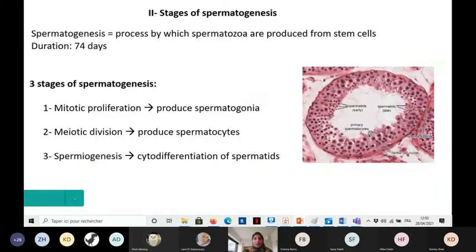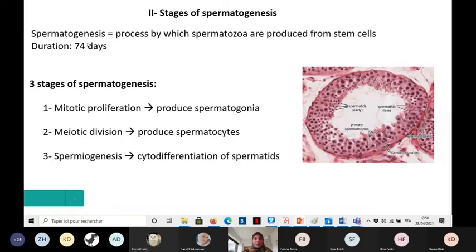Now we will talk about the stages of spermatogenesis. Spermatogenesis is the process by which the spermatozoa are produced from stem cells, which are the spermatogonia.